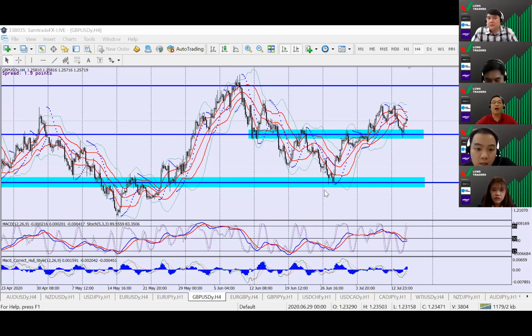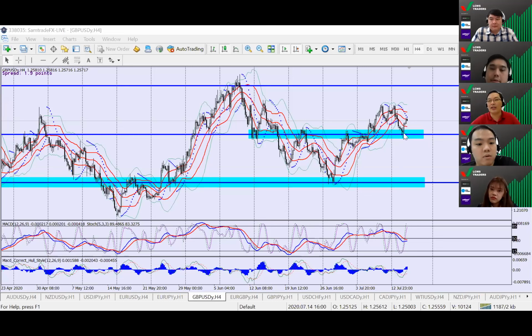Okay, so for pound USD, as mentioned already, yesterday the GDP was weaker than expected. Overall yesterday, there was a downward movement, and the pound weakened.